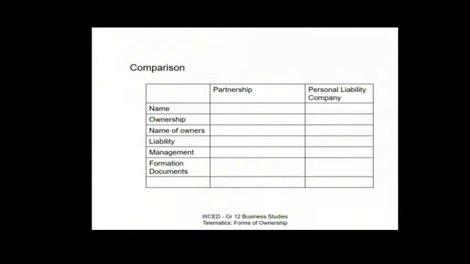So you can use any name as long as it's not offensive. Whereas the personal liability company, their name must end with the letters INC. Okay, so that's the kind of comparison that you will be required to do.